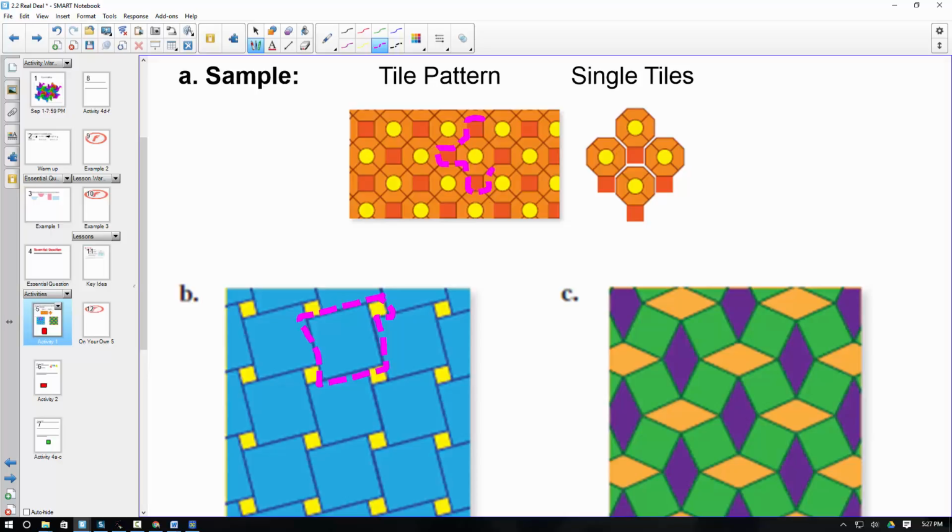For this one here, the basic design element looks as though it would be right down here. And basically this image is then just shifted over continuously.